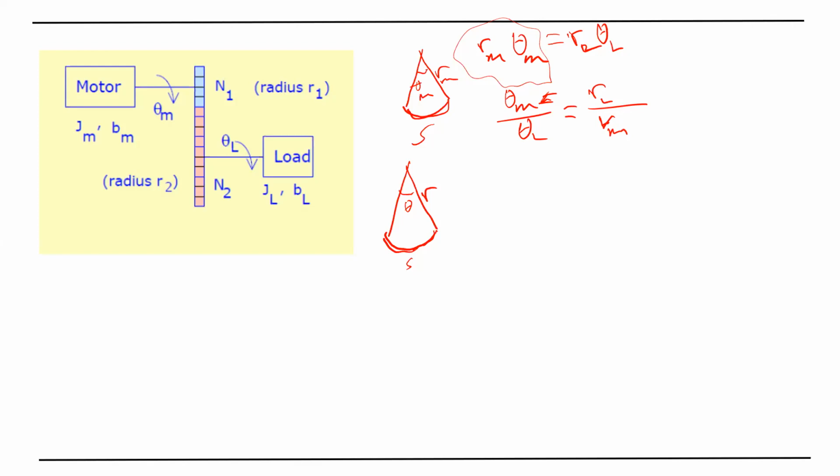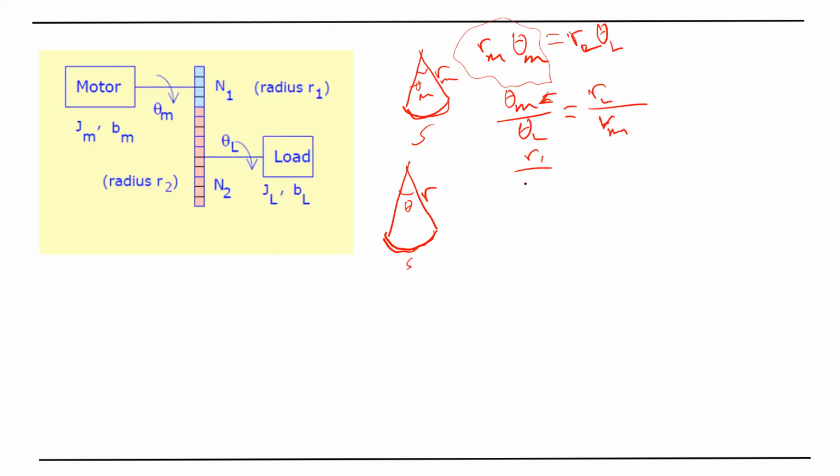I would like to establish a relationship between the number of teeth in R1 and the number of teeth in R2. We have N1 and N2. How do I relate them?